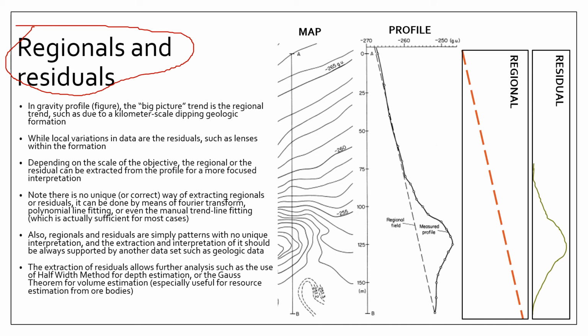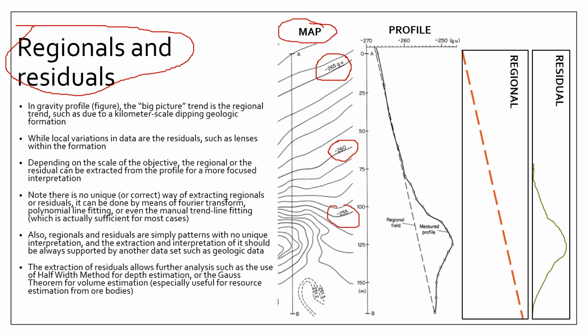For example, look at this map. This is a contour map of gravity anomaly. Okay, so you can see here these are differences in gravity relative to the base station.